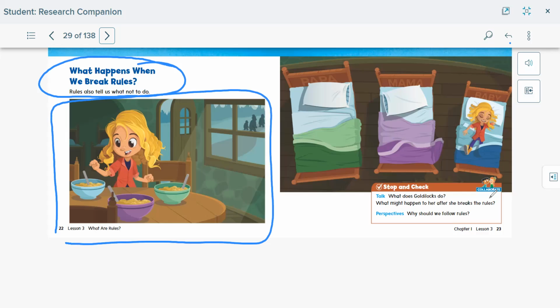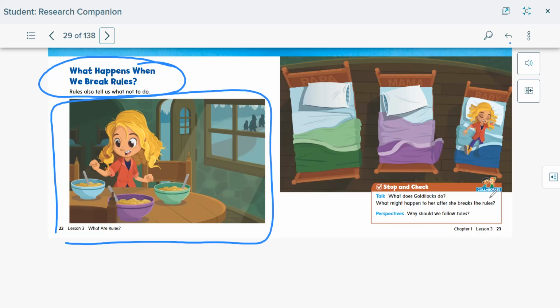Are we supposed to touch other people's food? If it doesn't belong to you, are you supposed to touch it or eat it? No, but it looks like Goldilocks is going to eat from each bowl, even though they're not hers. So she's not following the rules. She is breaking the rules.